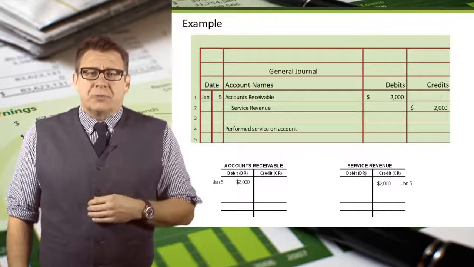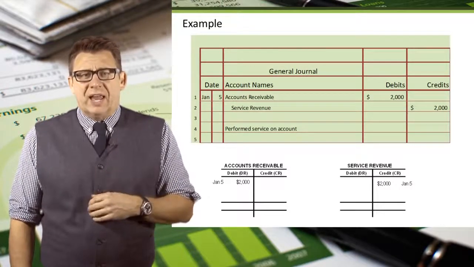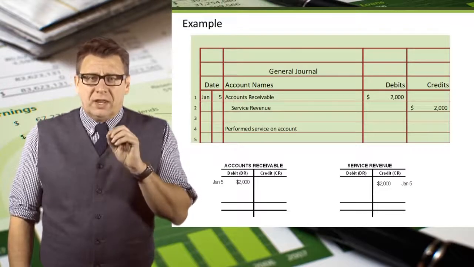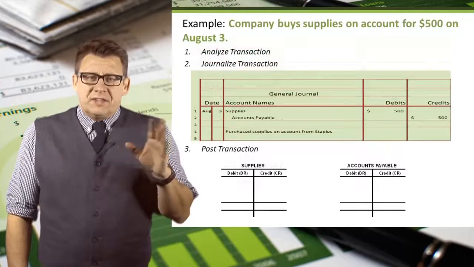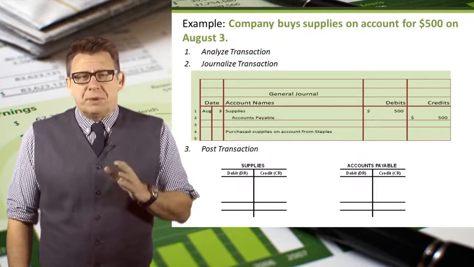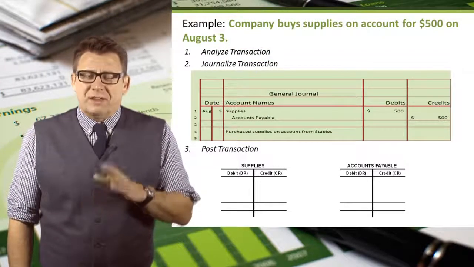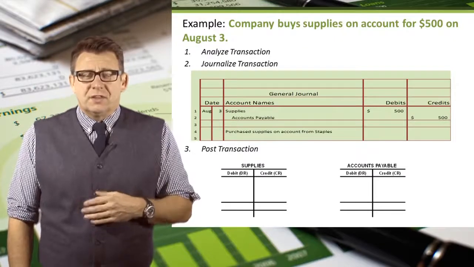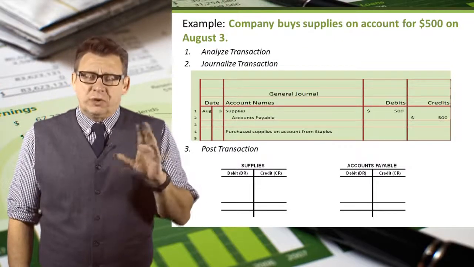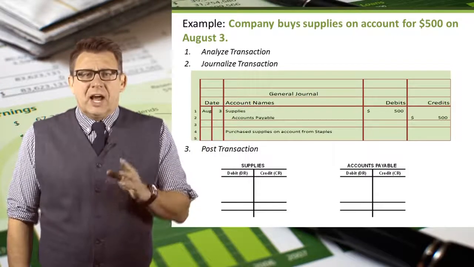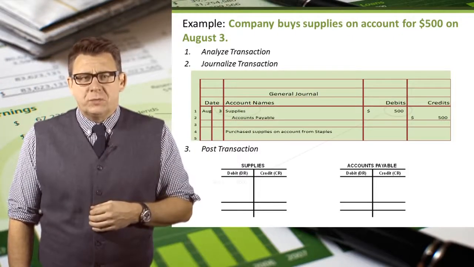Okay, let's look at the three previous examples and put this step in context of the accounting cycle. In this example, a company bought supplies for $500 on account. The date was August 3rd. So we analyzed the transaction and we journalized it like this. Now we need to post this to the ledger.